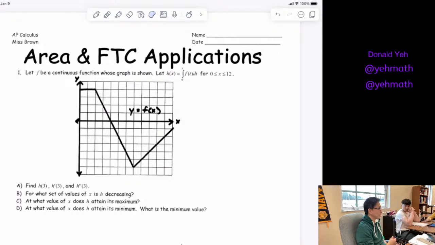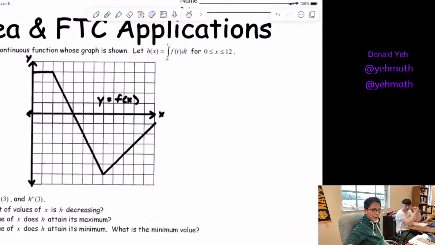This has no algebra. I call this part AP counting. I don't even count it as AP calculus, it's AP counting. If you know how to count, then you should be okay. Okay? I know that's a tall task for some people. So let's try this question.